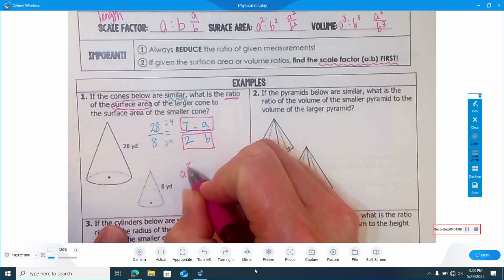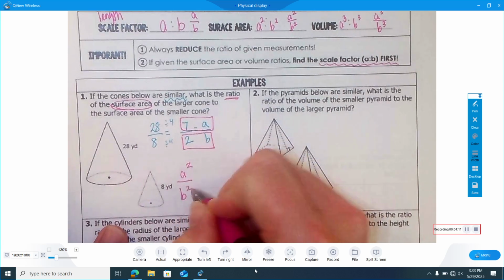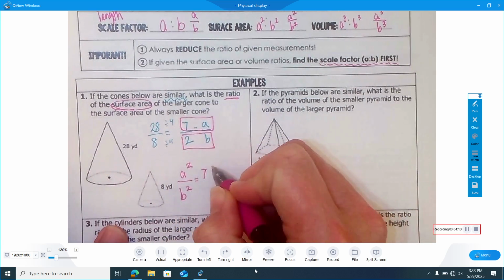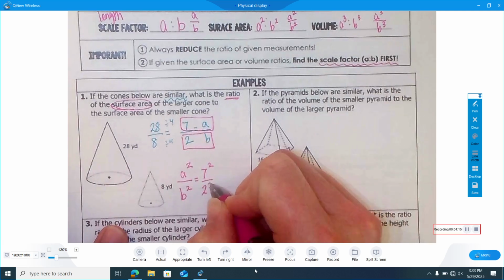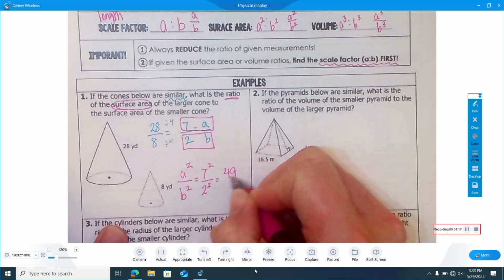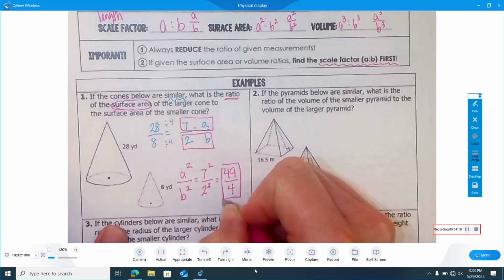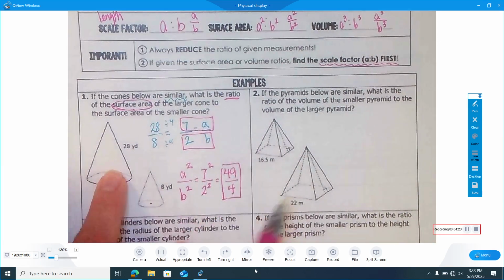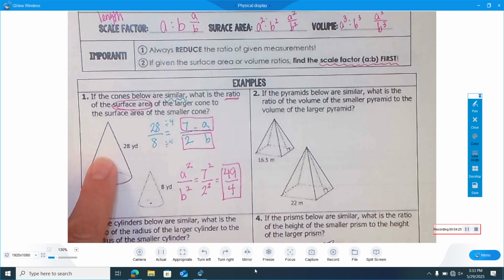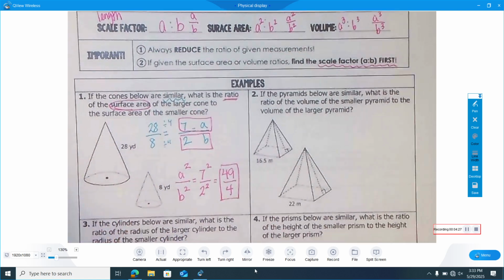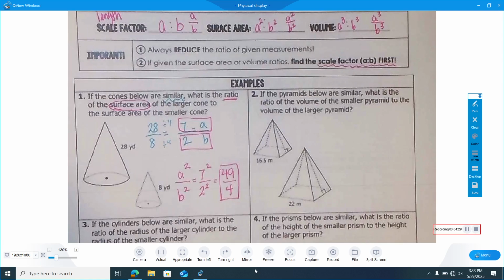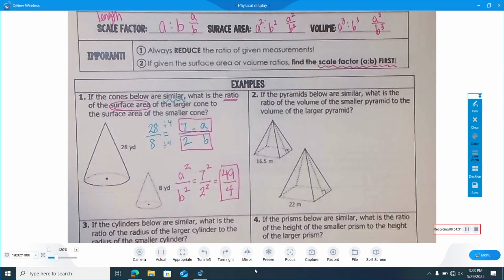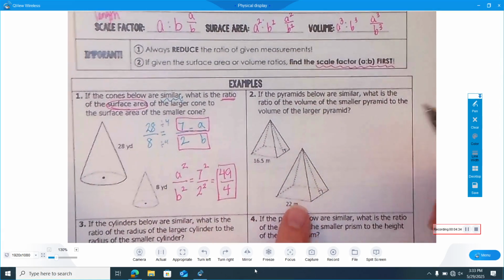So that's just going to be A squared over B squared, which is going to be 7 squared over 2 squared, so 49 over 4. And that's the ratio of the surface areas of each of these cones. Well, the surface area of this is 49 fourths bigger than this one. So kind of interesting.